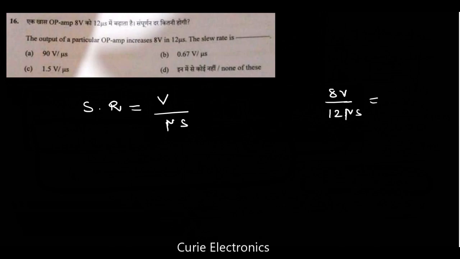If I divide by 4, I will get 2 by 3. In the denominator we want 1, so again I will divide numerator and denominator by 3, or else you simply divide 2 by 3. 2 by 3 will give 0.67 volt per microsecond.